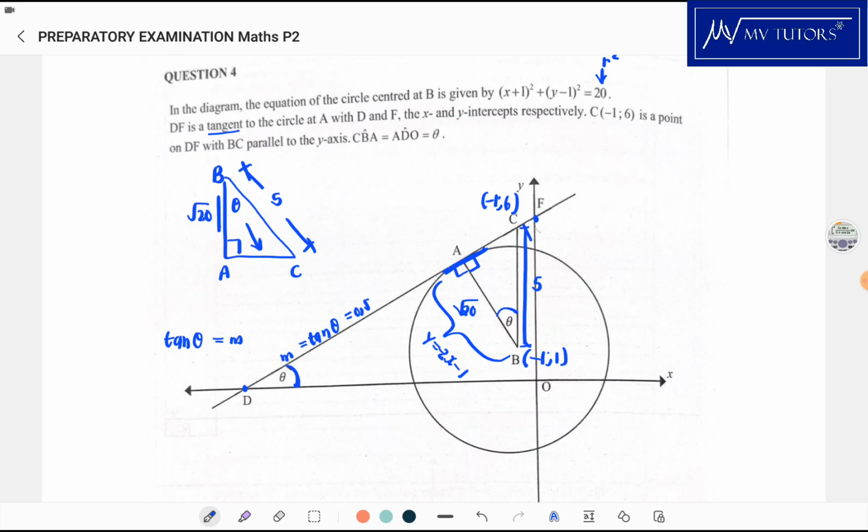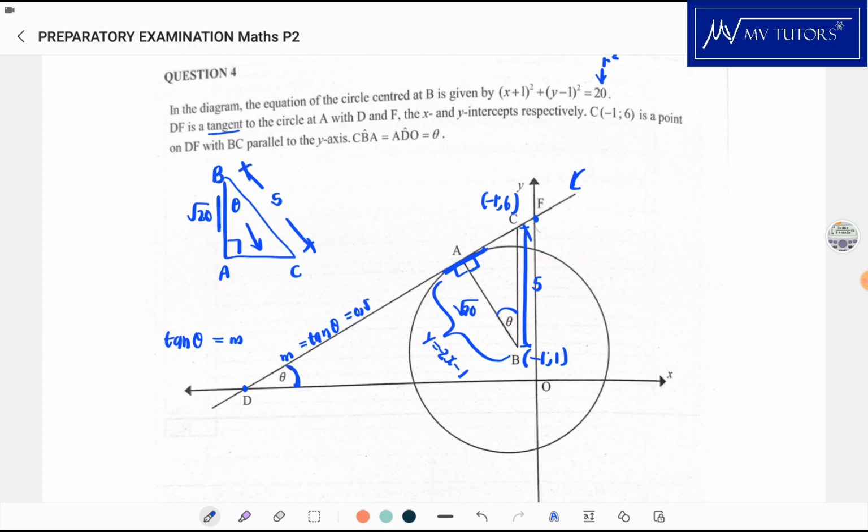I have this line. What you can do is try to get the equation of this line. You have a point, you have a gradient, and you can take the equation of the line AB and solve it simultaneously to get the possibilities of A.